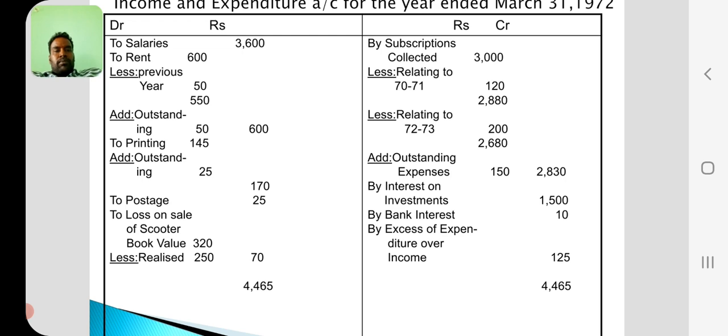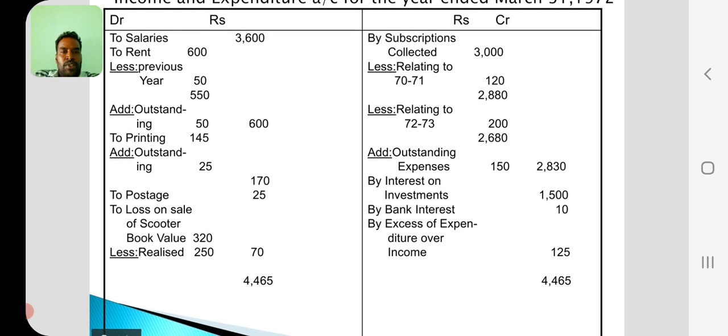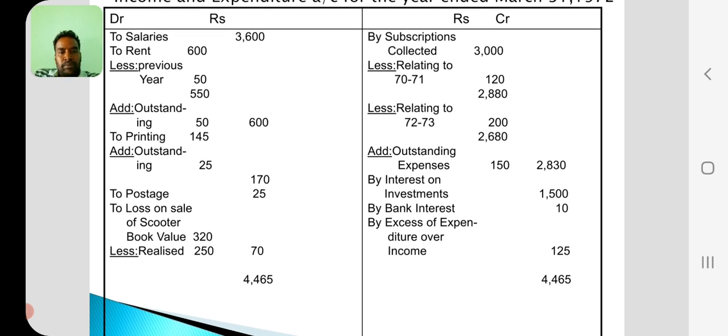To printing 145, outstanding 25, total 170. To postage 25. To loss on sale of scooter: book value 320, realized 250, remaining is 70.